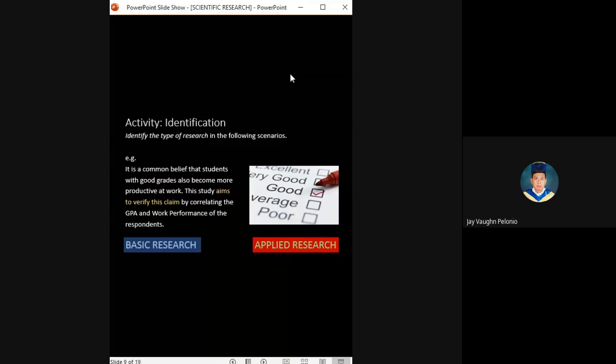What type of research is this? Basic or applied? Basic research or applied research? Mamili tayo ng volunteer. How about Tomas Militante? What do you think?